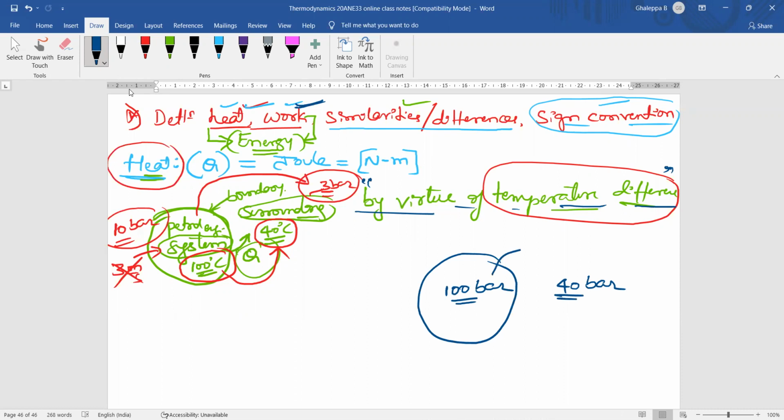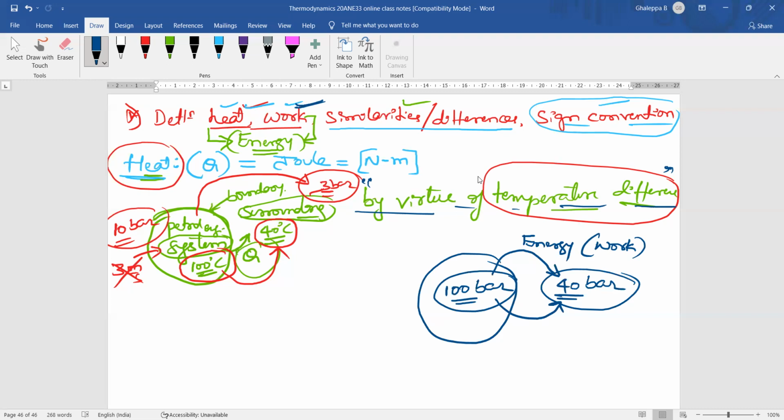So there is exchange of energy. From 100 bar to 40 bar, energy transfer takes place. In this condition, you should say it is work transfer, because here we are not concentrating on temperature, we are concentrating on pressure.